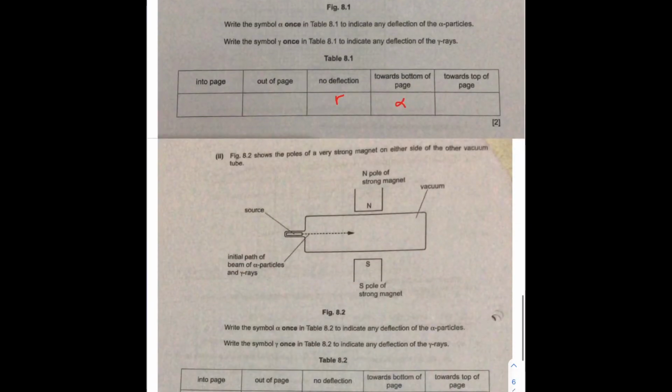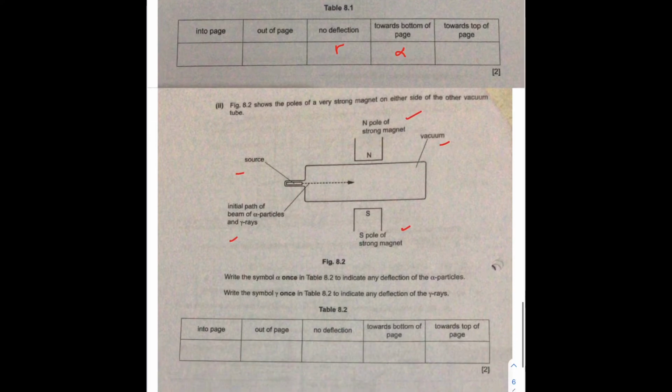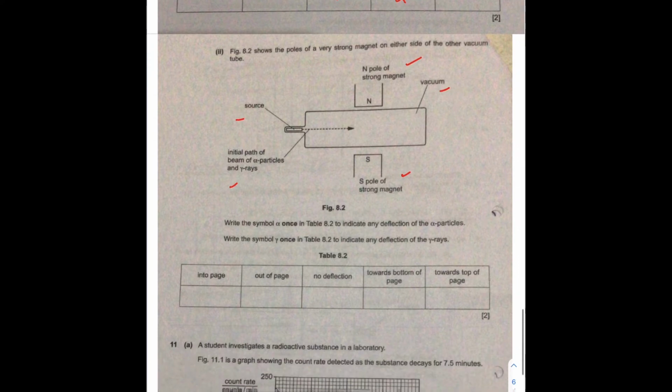All right. The figure shows poles of a very strong magnet on either side of the vacuum tube. Okay, north pole, south pole, vacuum, source, initial path of alpha and gamma. Write the symbol alpha once in the table to indicate any deflection of alpha particles. Write the symbol gamma. Okay, let's try alpha first. So alpha is positive, right?